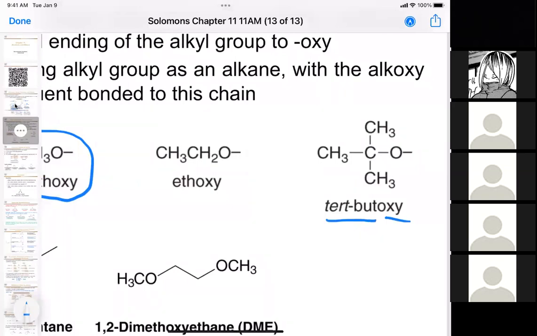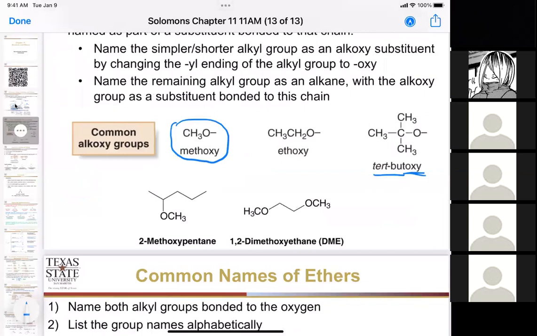Notice it's butoxy. It's not what we had when we made the salt out of t-butyl alcohol, the t-butyl alcohol salt thing. Anybody? Bueller? No, okay.